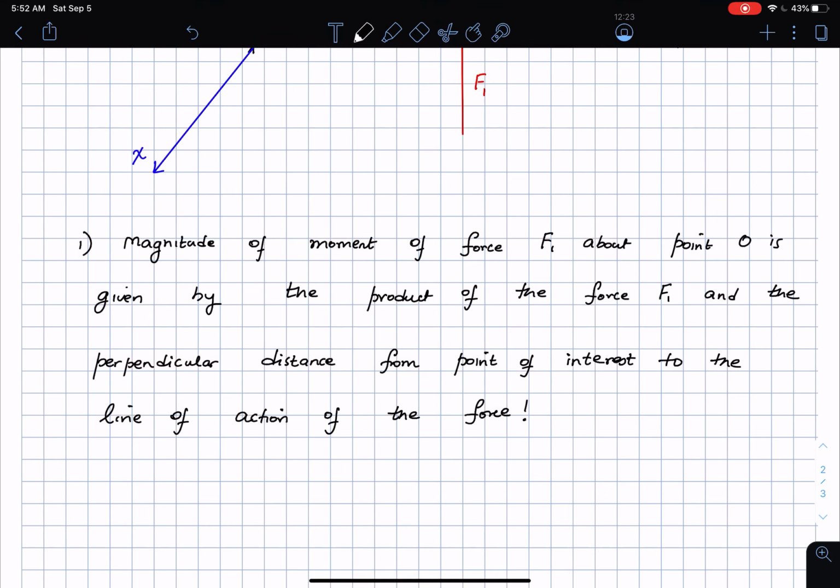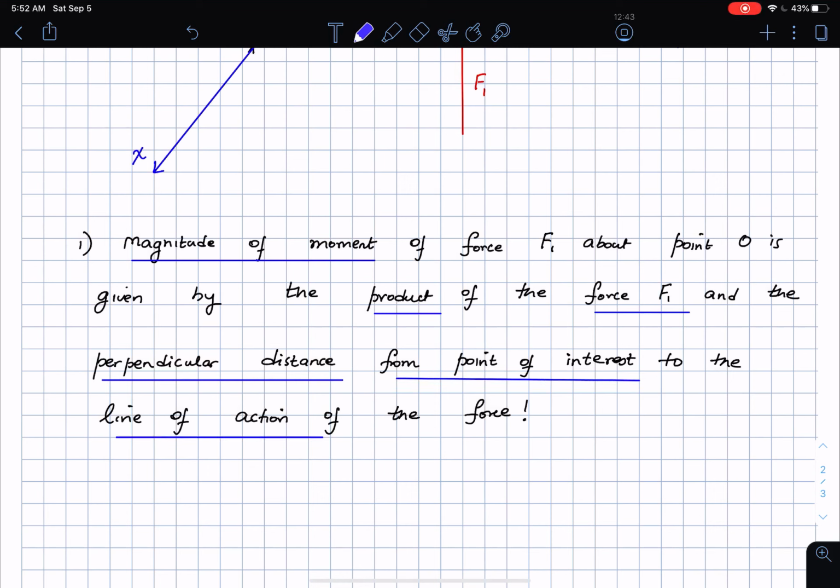Okay, the important thing is, what are the terms of importance here? Magnitude of the moment is given by the product of the magnitude of the force itself and the perpendicular distance from the point of interest to the line of action of the force.